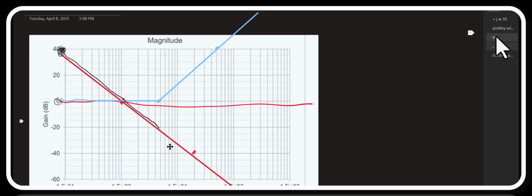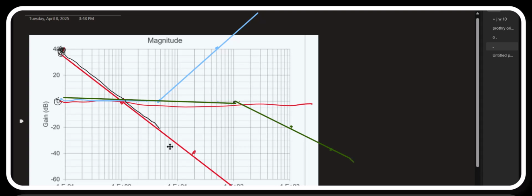Okay, so a simple pole at 100 would have a corner frequency at 100, and it'll be 0 until you get to 100. And then once you get to 100, a simple pole of order 1 will just have a slope of negative 20. So it's 0 until I get to 100, and then a slope of negative 20.